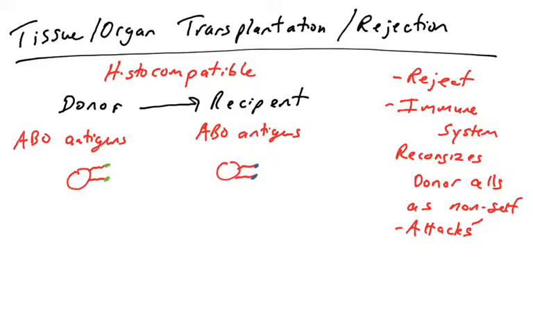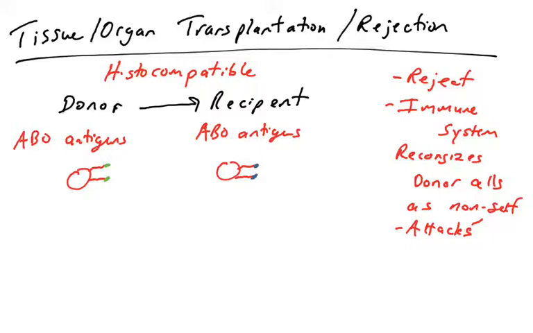In the previous video, we talked about the blood group antigens, the ABO antigens. These are glycolipids found on the surface of erythrocytes, also found on the surface of endothelial cells. And if these glycolipids are sufficiently different between the donor and the recipient, then the recipient is going to recognize the donor's blood antigens as non-self, and once it recognizes them as non-self, it will attack them.